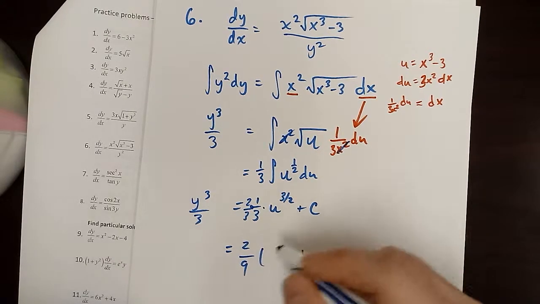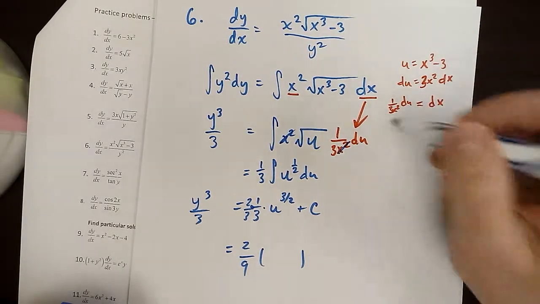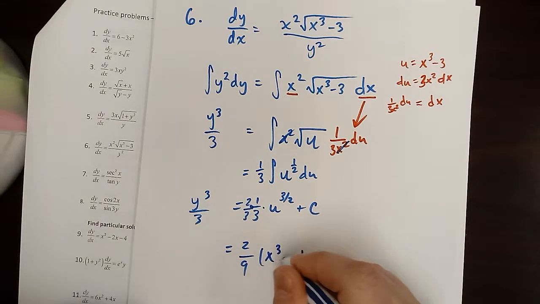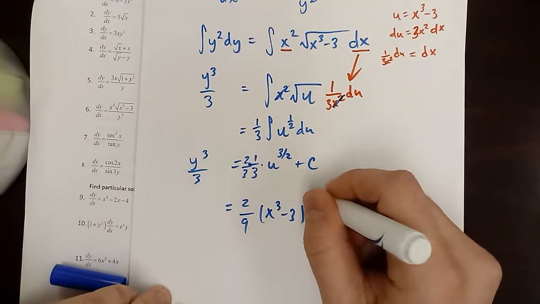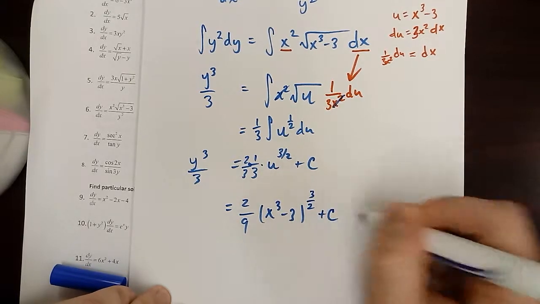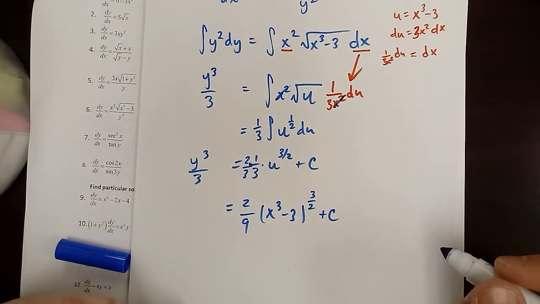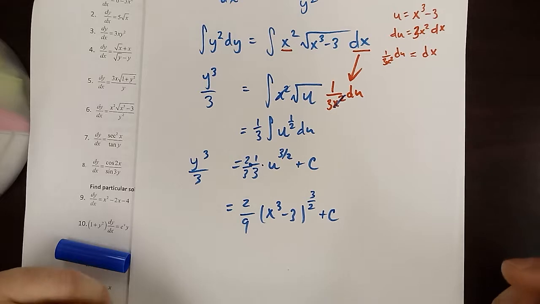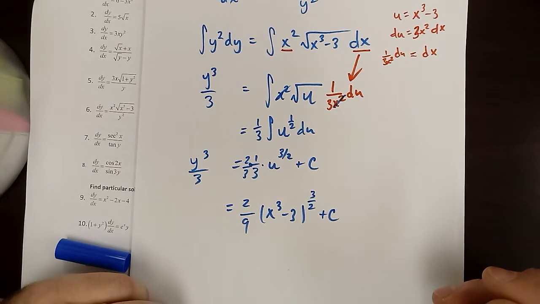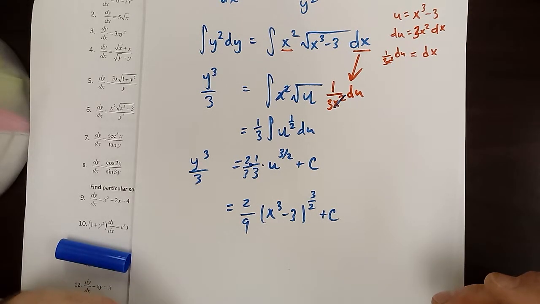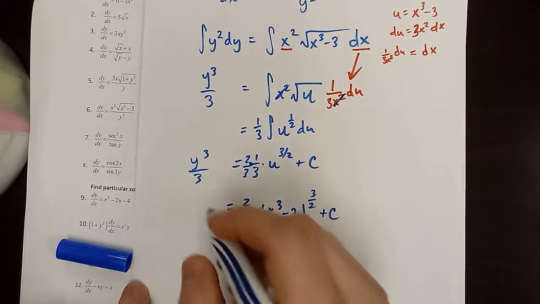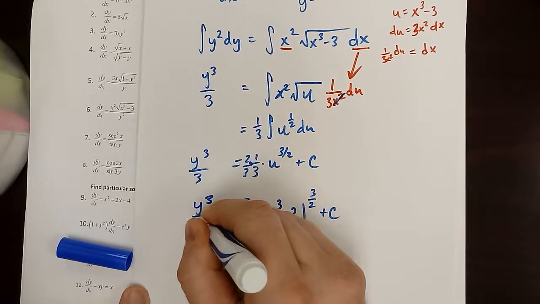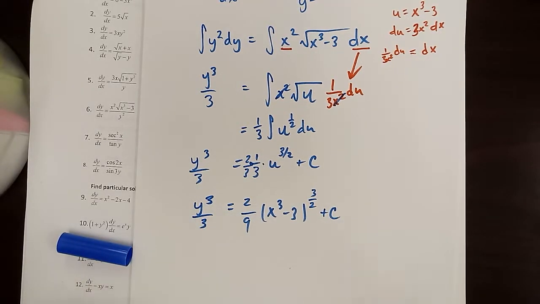And instead of u, I'm going to plug u back in and get x cubed minus 3 to the 3/2 plus c. Again, if we had an initial condition, then at this point, this would be the best place to go in and find that initial condition. But we don't. So instead, we're going to solve for y.